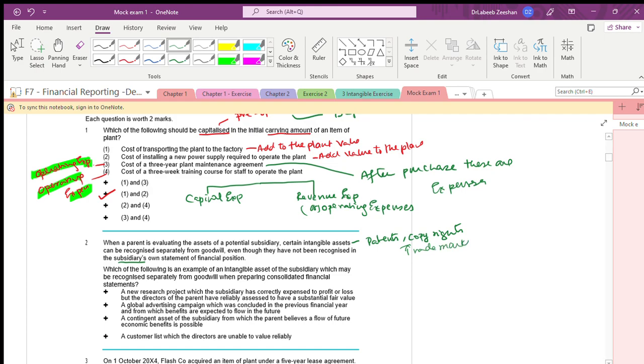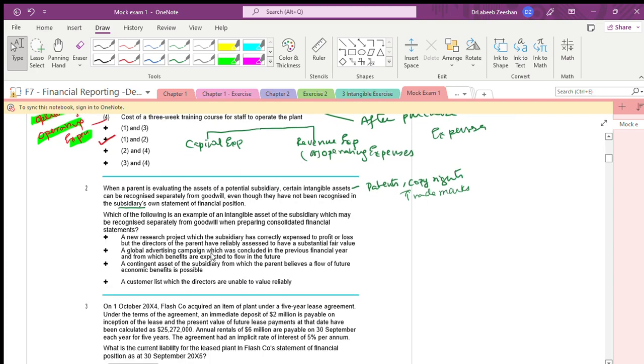Which of the following is an example of an intangible asset of the subsidiary which is recognized separately from goodwill?